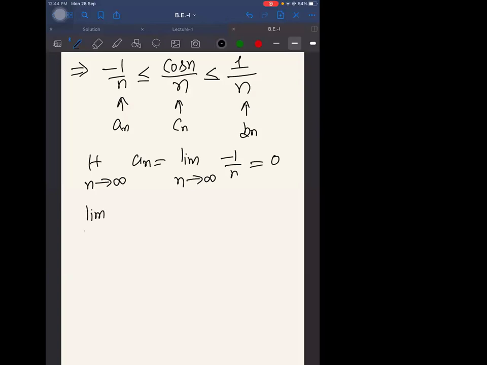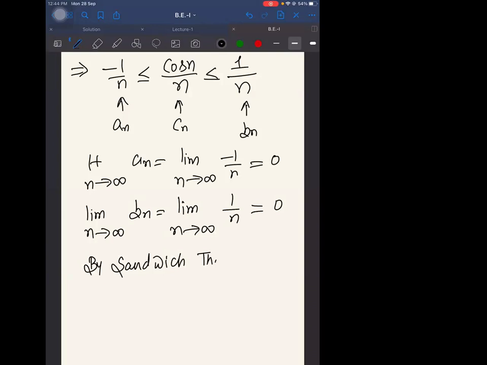And if you take limit n tends to infinity bn, that means limit n tends to infinity 1 by n, which is again 0. So by sandwich theorem, cos n by n, limit n tends to infinity, as it is cn, it will also be 0. Is it okay?